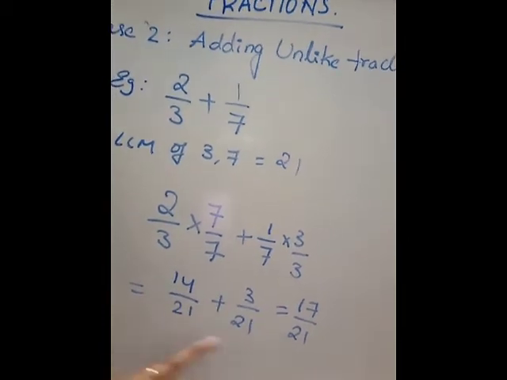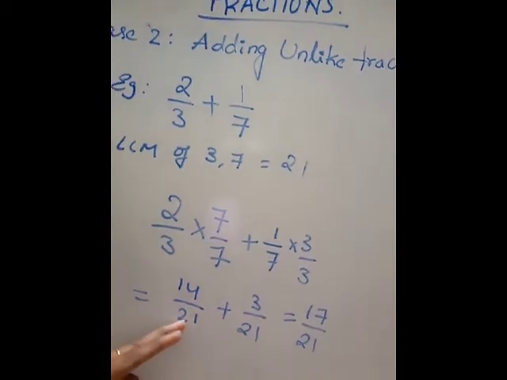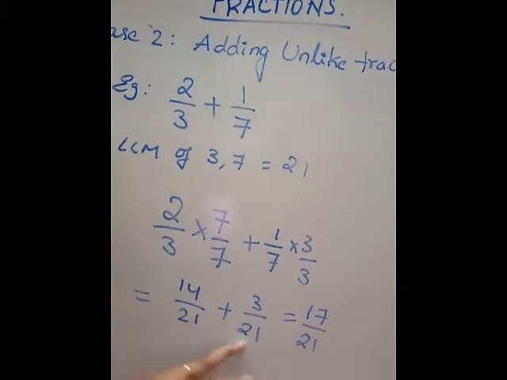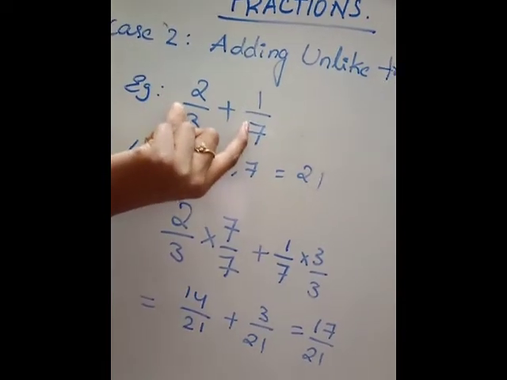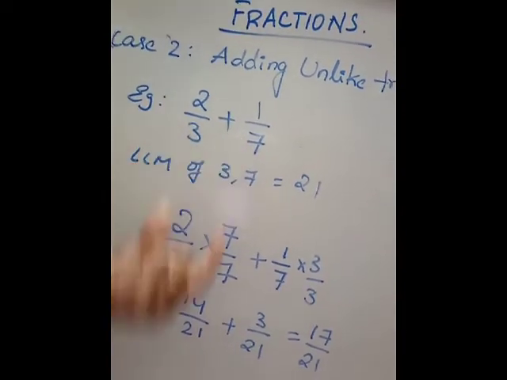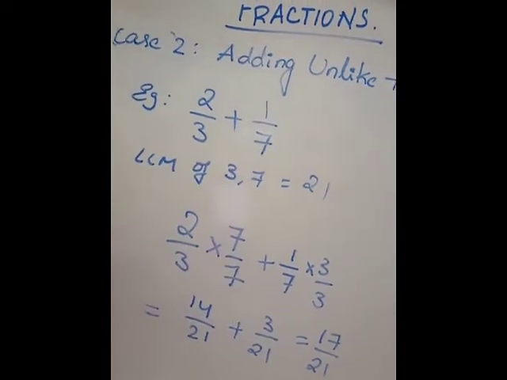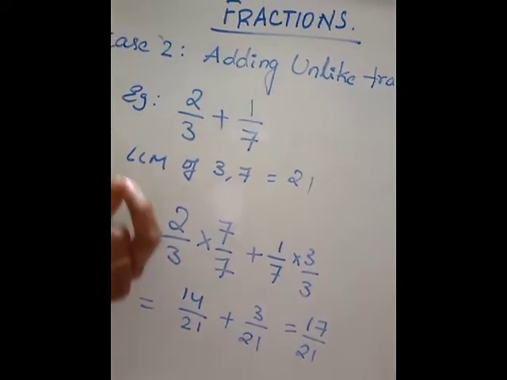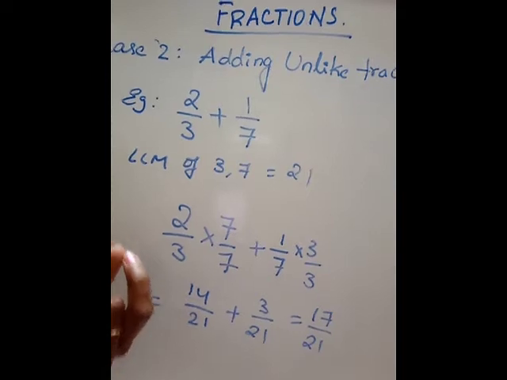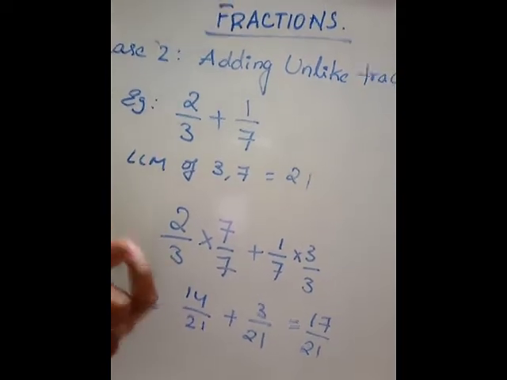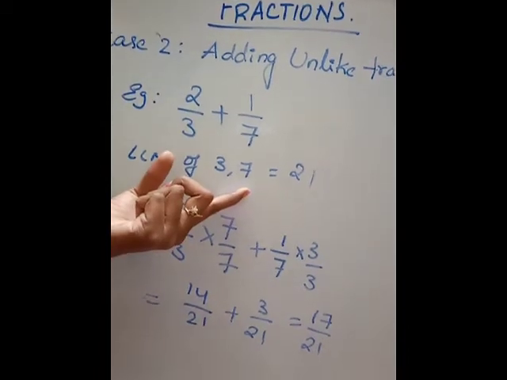Here you can observe these two are like fractions because both denominators are the same, 21. So I converted the two unlike fractions to like fractions using LCM. That is the basic thing to remember: if you want to add unlike fractions, first convert them into like fractions using LCM.